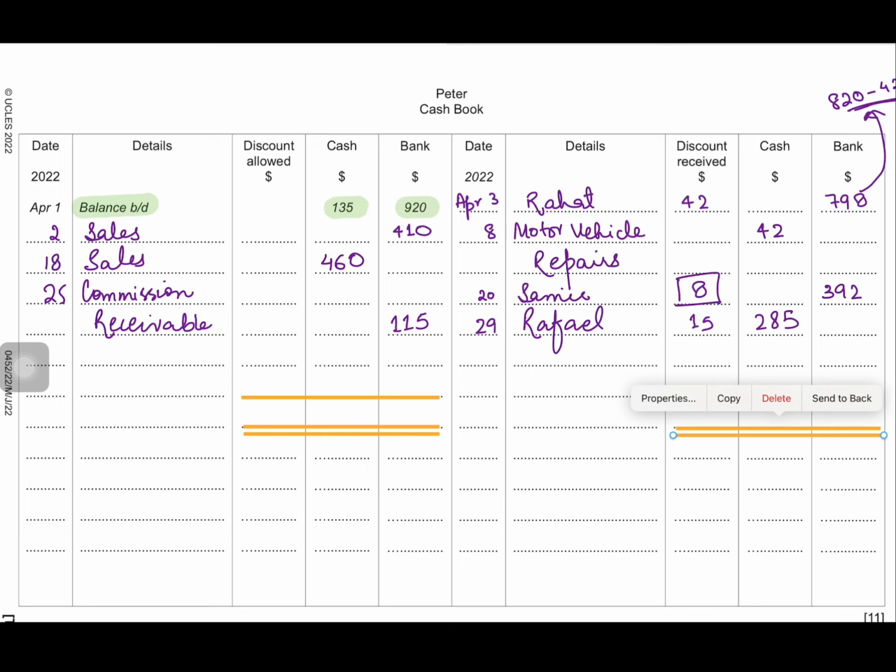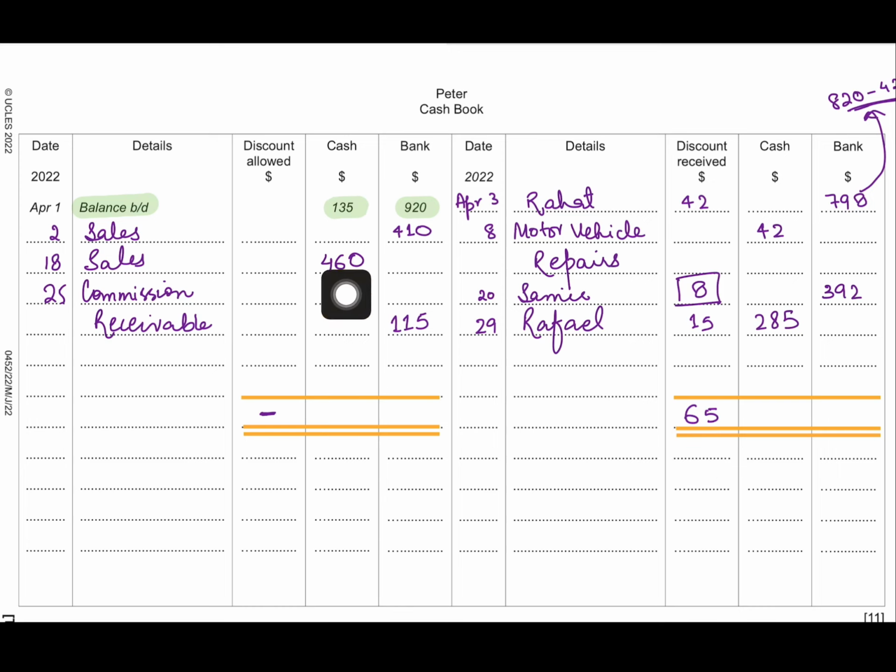However, discount received and discount allowed accounts are maintained in the general ledger. So let's first total discount allowed and discount received. Over here we don't have any transaction related to discount allowed, so it's blank. But for discount received, we will total this column 42 plus 8 plus 15, that is 65. That's it. We don't write any balance c/d or any balance b/d for discount columns. We will transfer this amount to its own account being maintained in the general ledger.